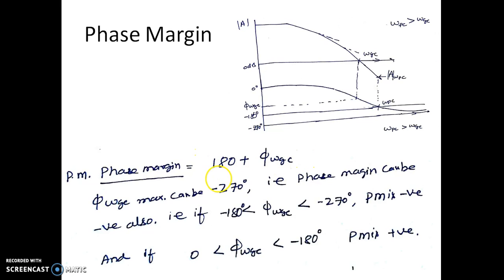So if phi of omega gc lies between minus 180 and minus 270, then the phase margin is negative. And if it lies between 0 and minus 180 degrees, then phase margin is positive. Meaning, if omega gc is lesser than omega pc, we have this condition, that is phase margin is positive. Suppose omega gc happens to come after omega pc, then we have phase margin which is negative.